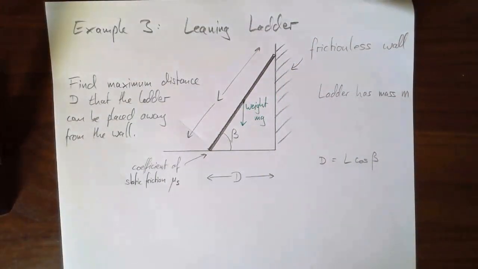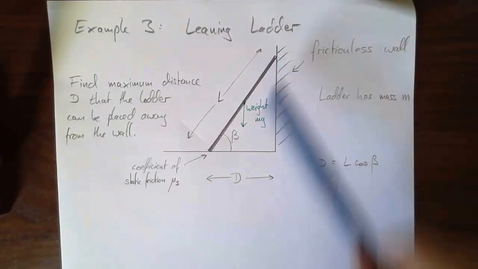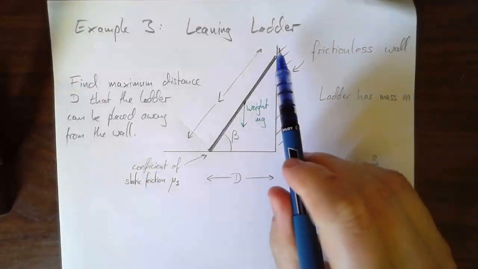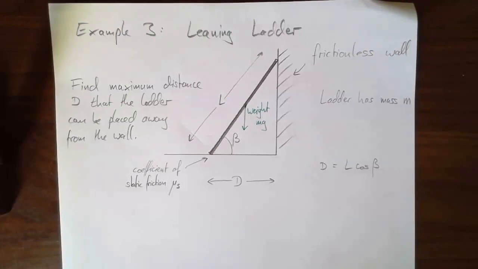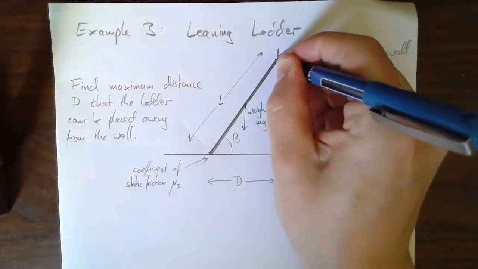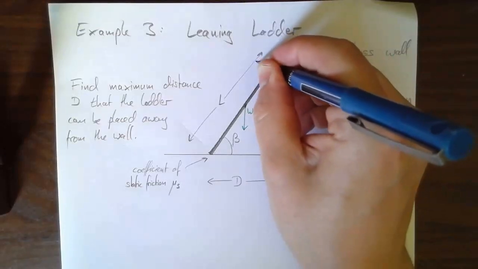What other forces are acting? Well, it is leaning against the wall. There has to be a normal force between the wall and the ladder. How do I know that? Well, you can always just imagine the wall wasn't there. What would happen? It would fall. So therefore, I know for sure there's going to be a normal force.